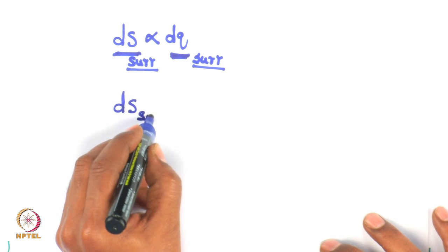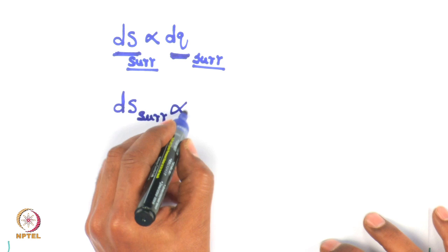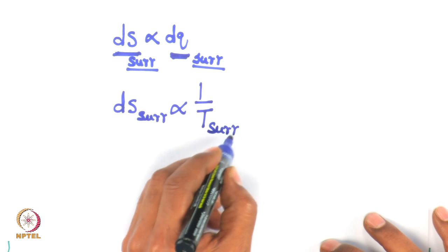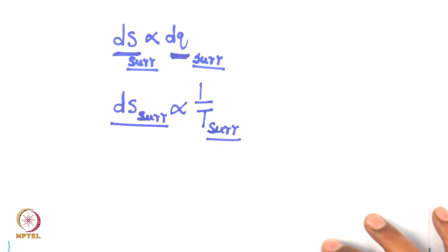So, dS surroundings is inversely proportional to the temperature of surroundings, by the arguments that I just described: if you transfer heat from a higher temperature to a lower temperature, you will see more generation of disorder than if you transfer from a certain temperature to a higher temperature.